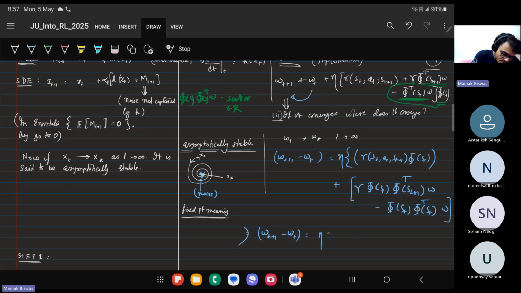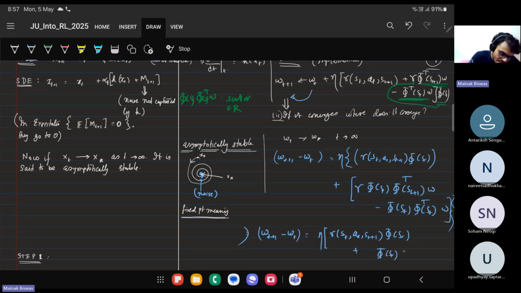is eta times reward S_t, A_t, S_t plus 1, phi of S_t, plus, what can I take common over here? I can take phi of S_t common.